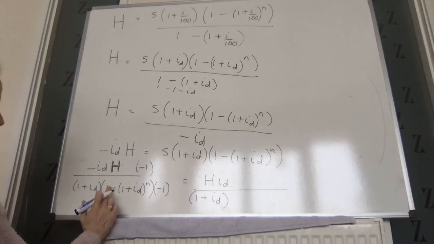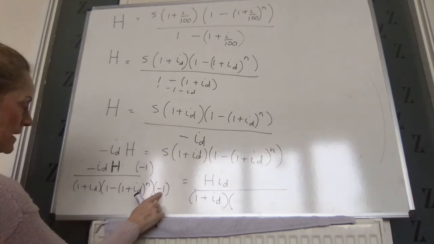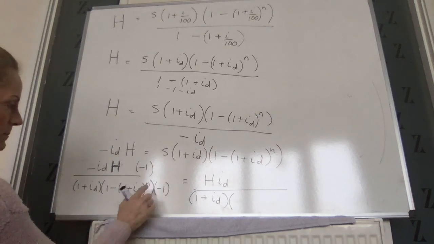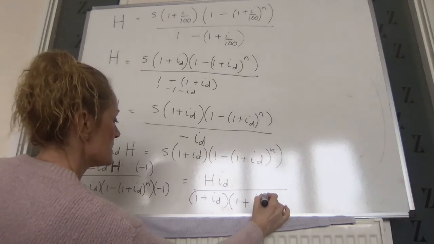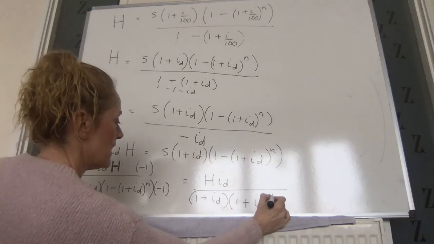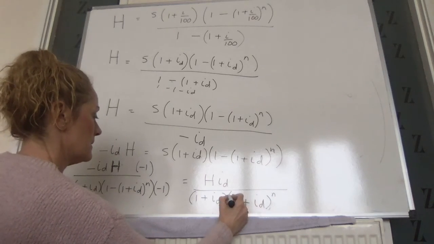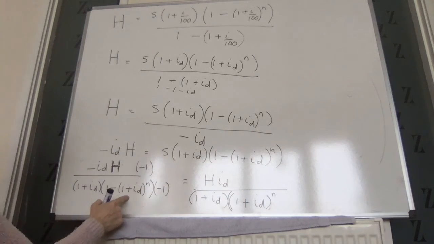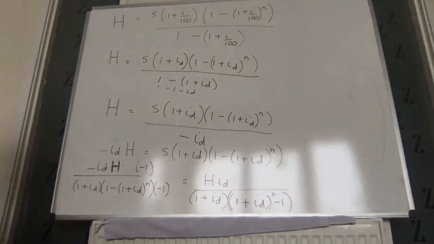and if we multiply the -1 in here, -1 times a minus gives me a plus, so we're going to get 1 plus the interest rate as a decimal to the power of n, and then we have a -1 here, like that.